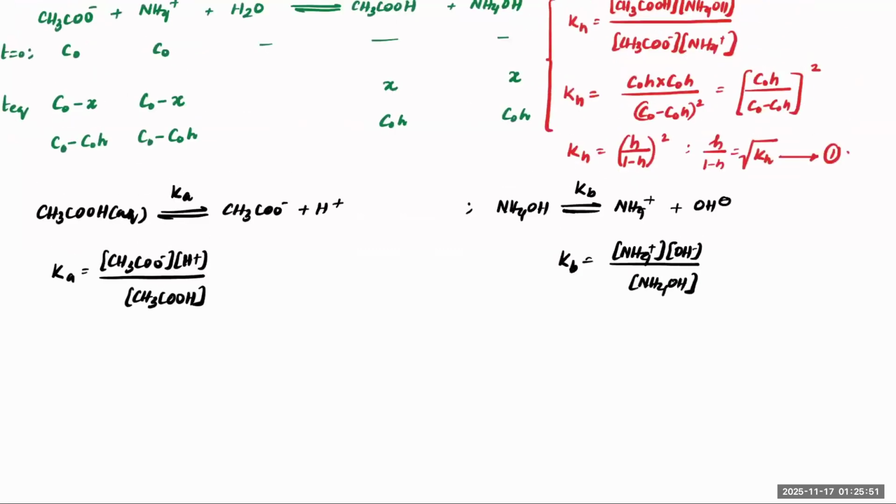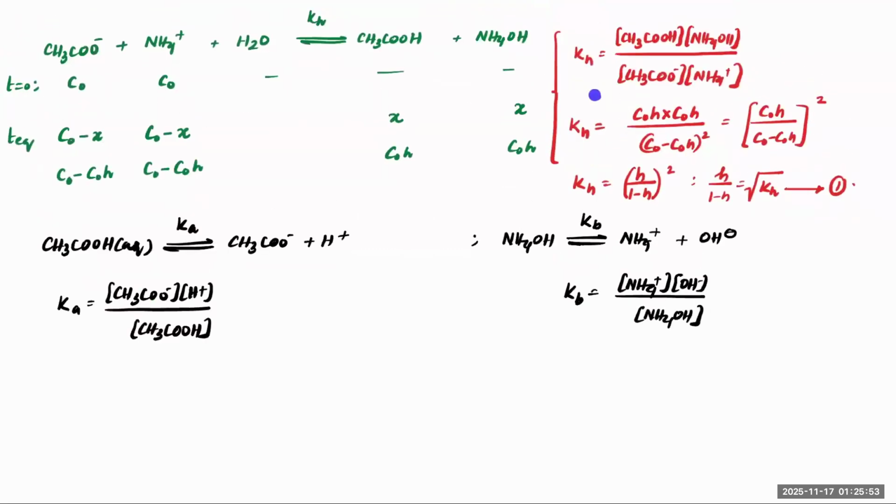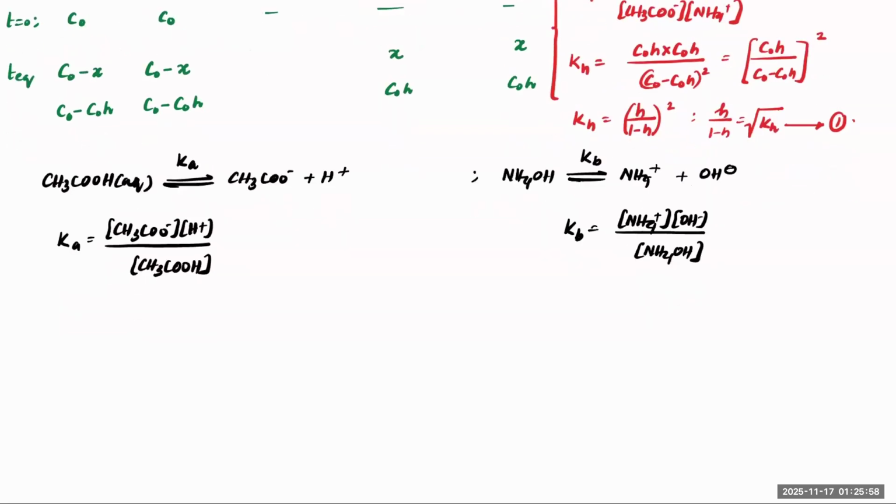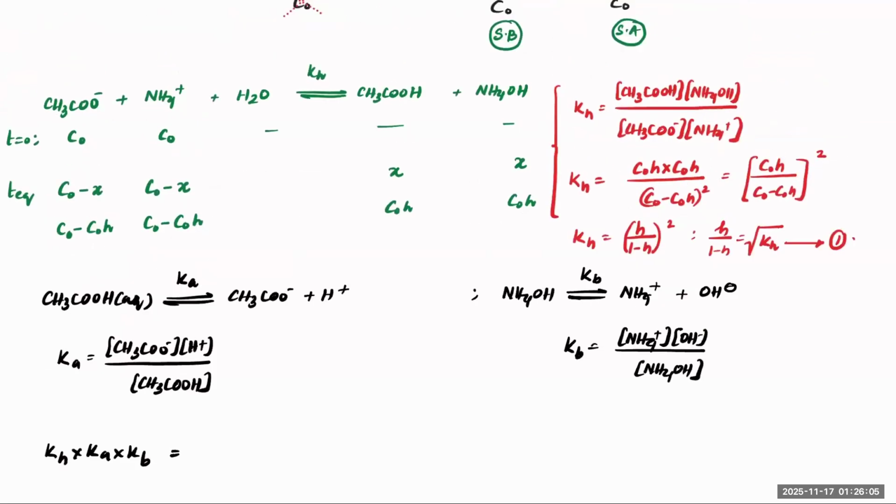So we got what is KH, we got what is Kb, and what is Ka. What if I multiply all three? Check out. KH multiplied by Ka multiplied by Kb. What is left over? CH3COOH and CH3COOH will get cancelled. NH4OH and NH4OH will get cancelled. Then NH4 plus and NH4 plus will get cancelled. Then CH3COO minus and CH3COO minus will get cancelled.